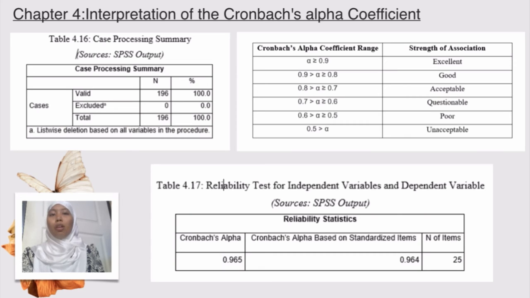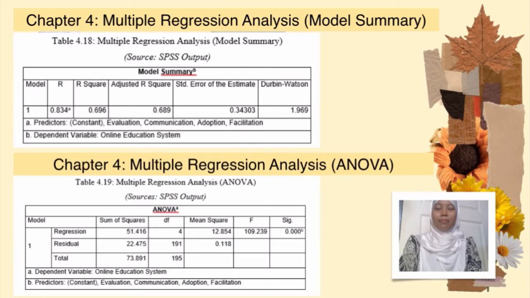According to the table of Cronbach alpha coefficient range and strength of association above, all these questions were good and highly reliable. As we can see, table 4.18 shows the result of multiple regression analysis for model summary, which is related to this research. It demonstrates the relationship between the independent variable and dependent variable.